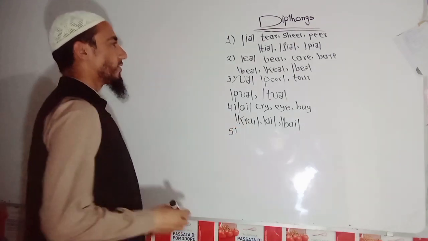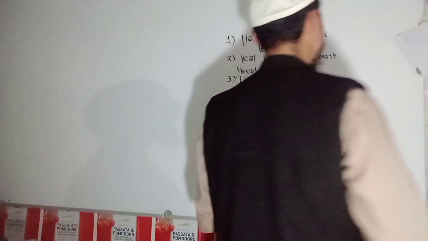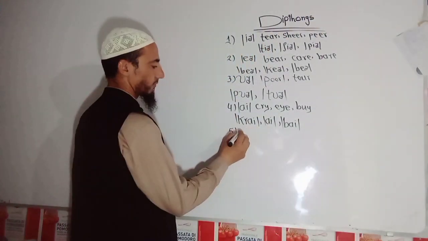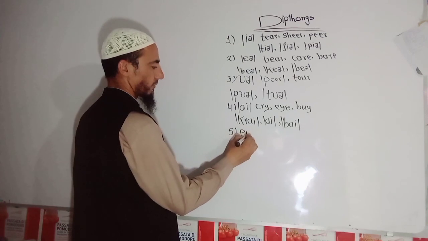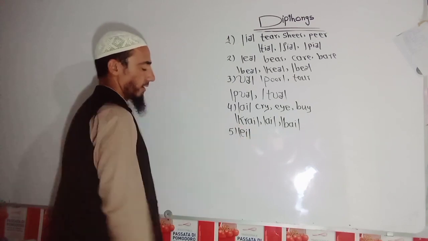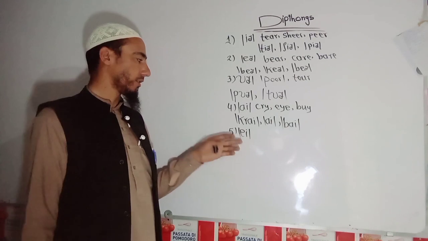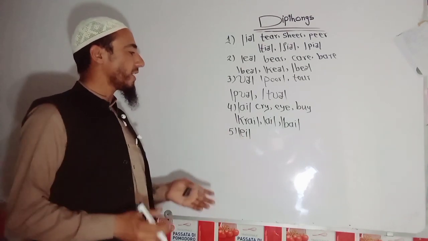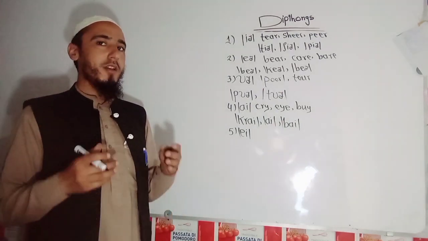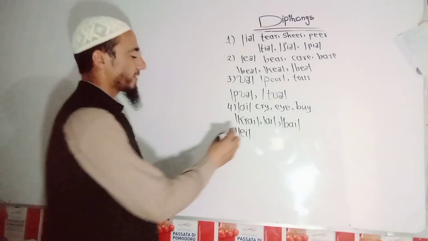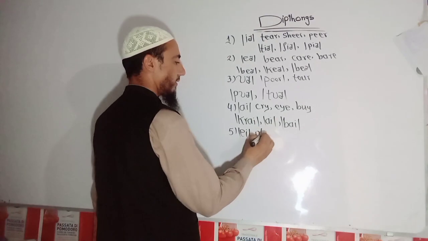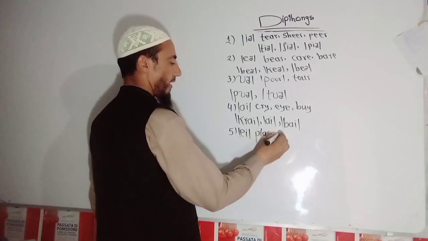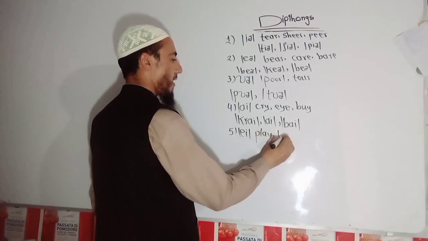The fifth one, which is very important, is with this sound. Yes, it is with this sound. The A sound and the I sound. So with the combination, it becomes the A sound. For example, I say play, bay.